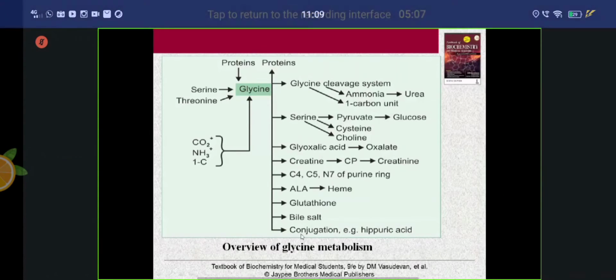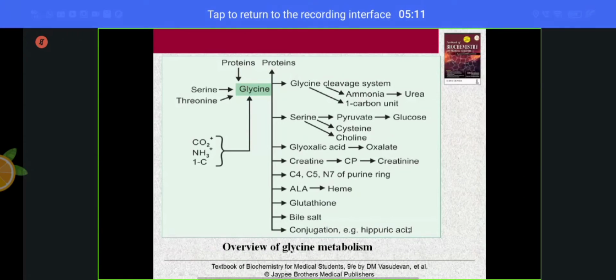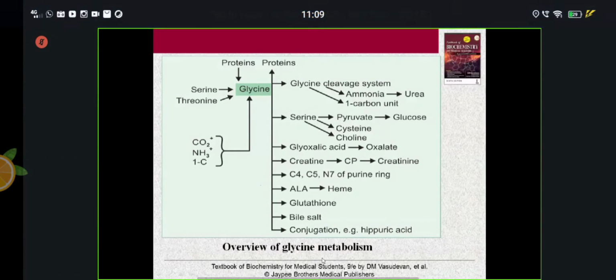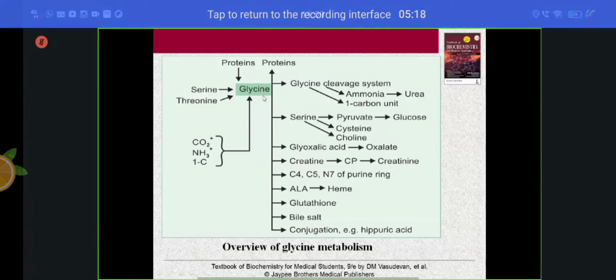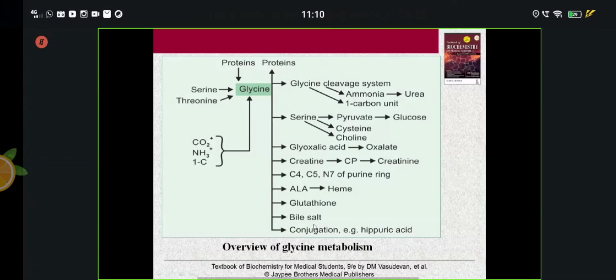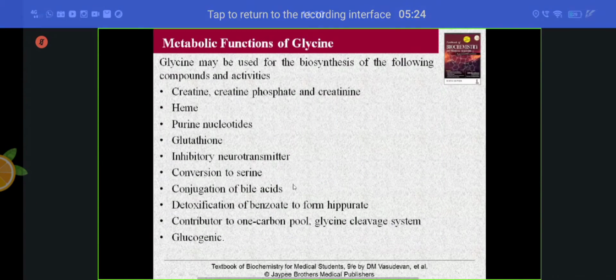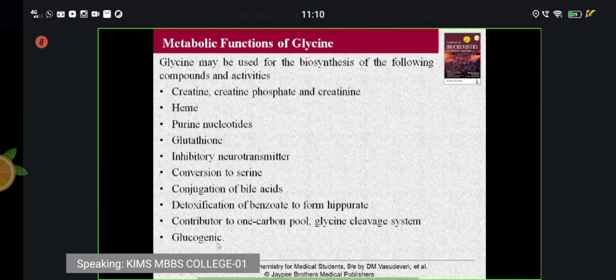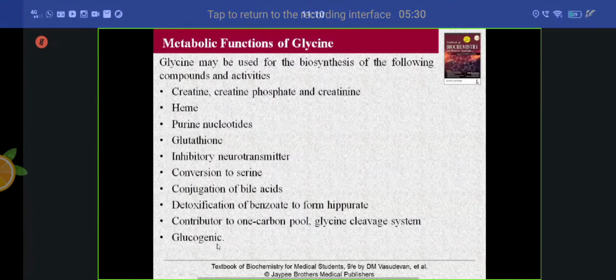For that, it undergoes conjugation. Glycine combines with benzoic acid to form hippuric acid and helps in its excretion. So this is the overview of glycine metabolism. Glycine is the simplest amino acid, how it is formed and what are its products. It's glucogenic. Glycine is involved in the synthesis of glucose in our body.